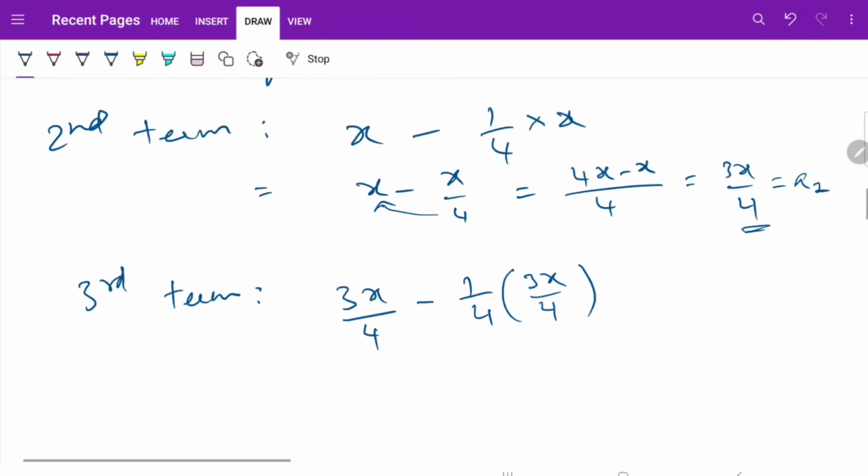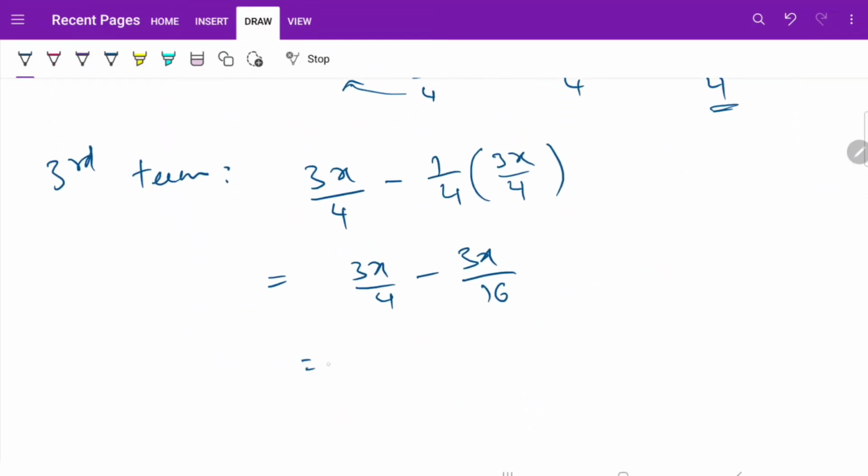So once you solve this, you will get the third term: 3x by 4 minus 1 into 3x is 3x divided by 16. If you take the LCM, 4 and 16 are in the same multiplication table, we get the bigger one, 16. So 4, how many times here? 4 times, so you have to write 4 multiplied by the numerator, 3x.